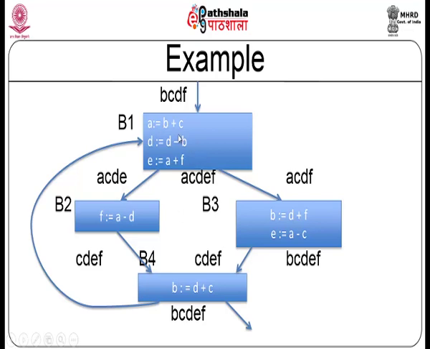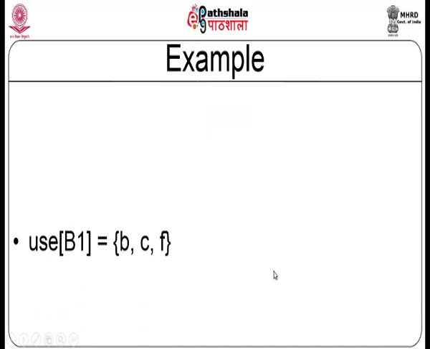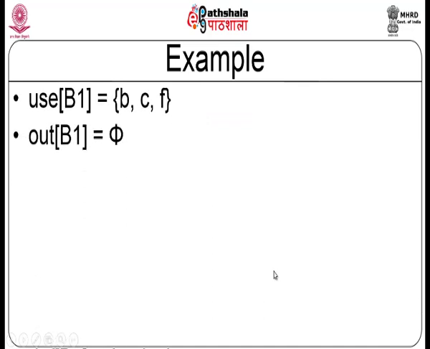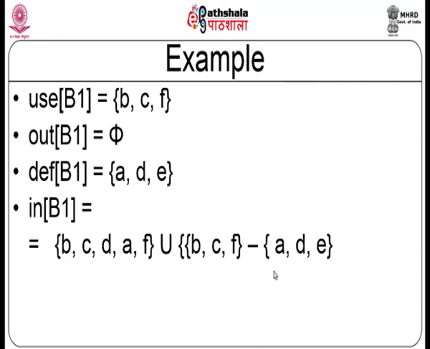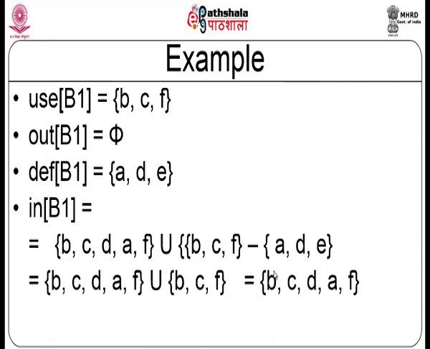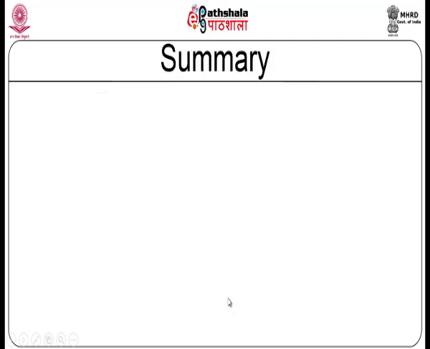Based on this I can compute the out as A, C, D, E, F, where A, C, D, E could go here and A, C, D, F could go here. So use of B1 is B, C, F, definition is A, D, E, and in of B1 is B, C, D, A, F. Again, based upon this in, I have to compute the out, and that will be used for further computation.